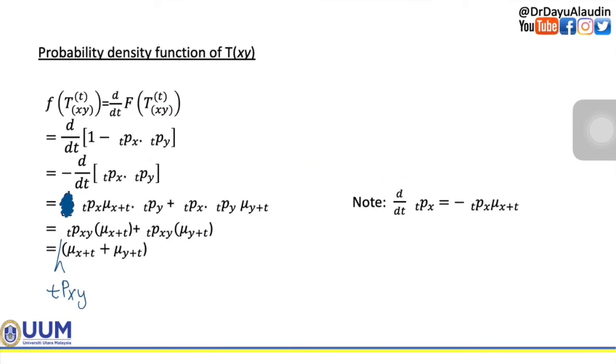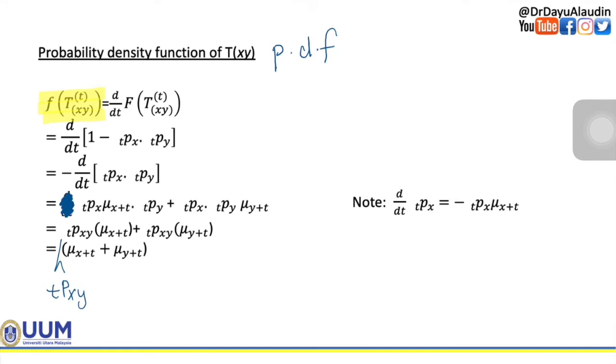Okay, next. Now we go to the PDF. If you write it in notation, it is small f. The concept is the same as in Actuarial Math 1.